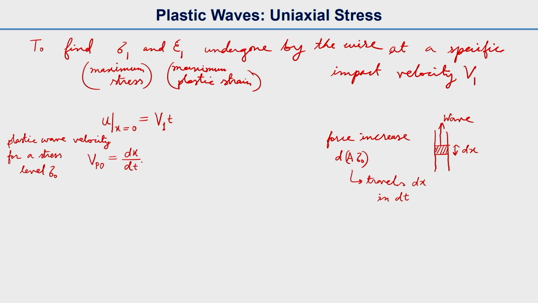So at time dt, the wave crosses this dx distance, and during that the force increase, we can write df, force increase, equal to dA sigma naught, that is area multiplied by the sigma naught. Area is the cross sectional area.